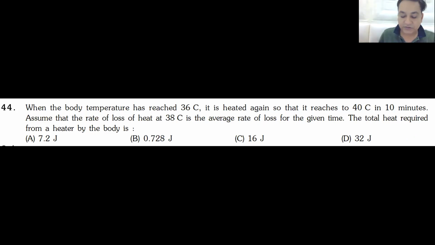Assume that the rate of loss of heat at 38 degrees is the average rate of loss for the given time. What is the total heat required from the heater by the body? How much heat will it require from the heater to take the temperature from 36 to 40?